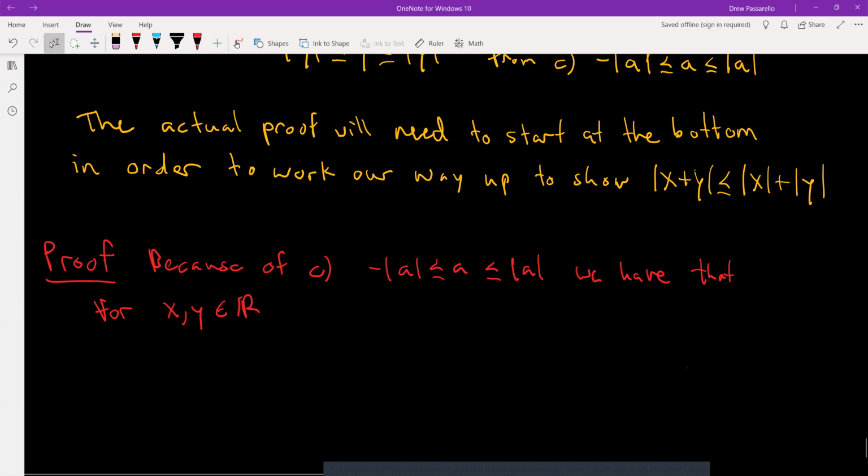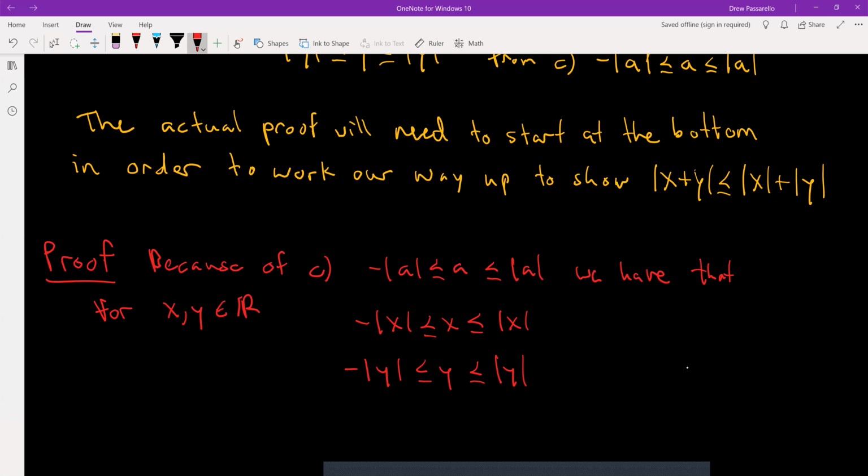We have basically the negative absolute value of x less than or equal to x, less than or equal to the absolute value of x, and then negative absolute value of y less than or equal to y, less than or equal to absolute value of y. We can sum these two together.